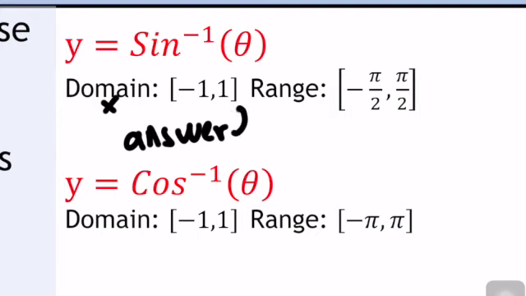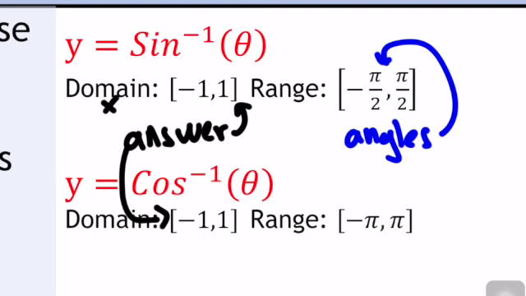All of those values are in between -1 and 1, just like for cosine. And the answers that we get are now going to be the angles. So we're going backwards. I'm giving you the answer, and now you're going to have to give me the angle.